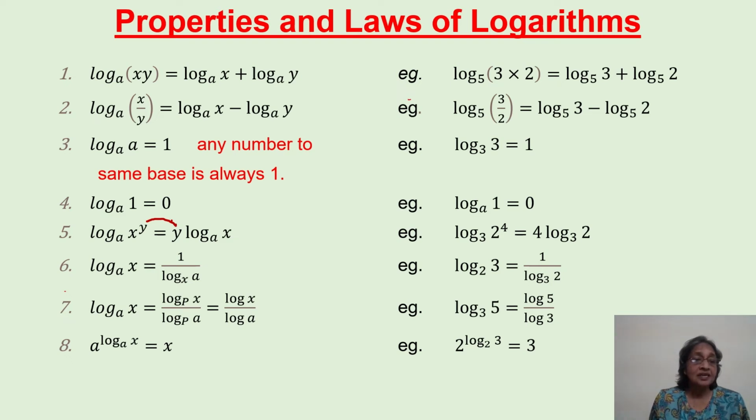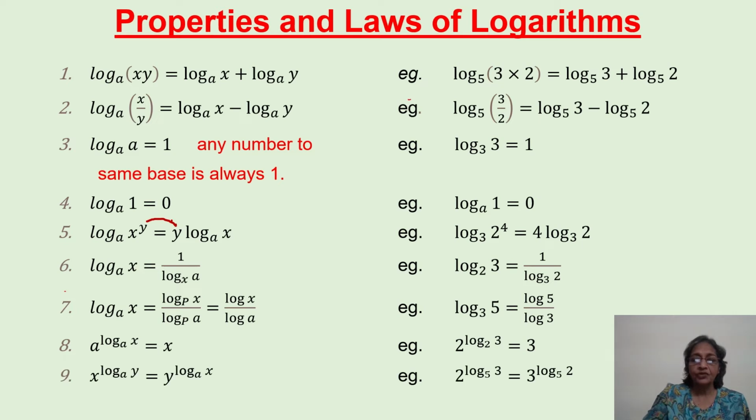In this case, log also goes away, a also goes away, and simply you're left with x here. So this becomes 2 raised to log 3 to the base 2. Now when you look at this example, the base of the index number 2 is the same as the base of the log number. So this becomes answer as 3.